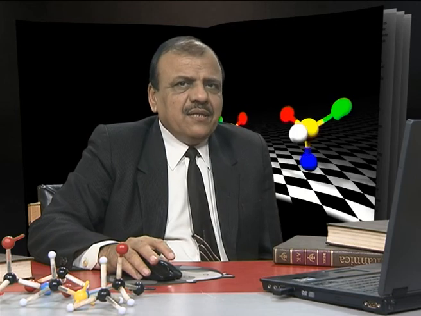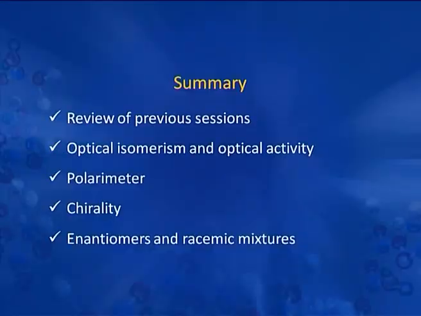But if a compound has more than one asymmetric carbon atom, then the number of isomers will be much more. That we will be discussing in our next session: if a molecule has two or three asymmetric carbon atoms, how many optical isomers are possible, and we will find that some of these may even be optically inactive.